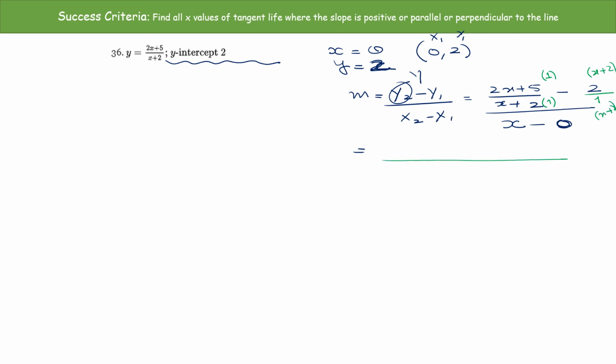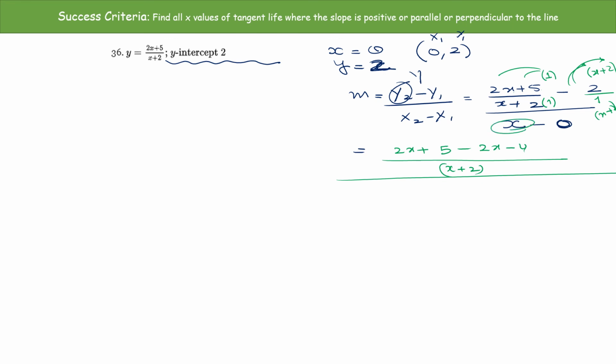Now we all know that the denominator is written once. So we will write x plus 2 times 1. Now multiply 2x plus 5 by this 1, we will get 2x plus 5. Multiply the x plus 2 with minus 2, so we will get minus 2x minus 4.